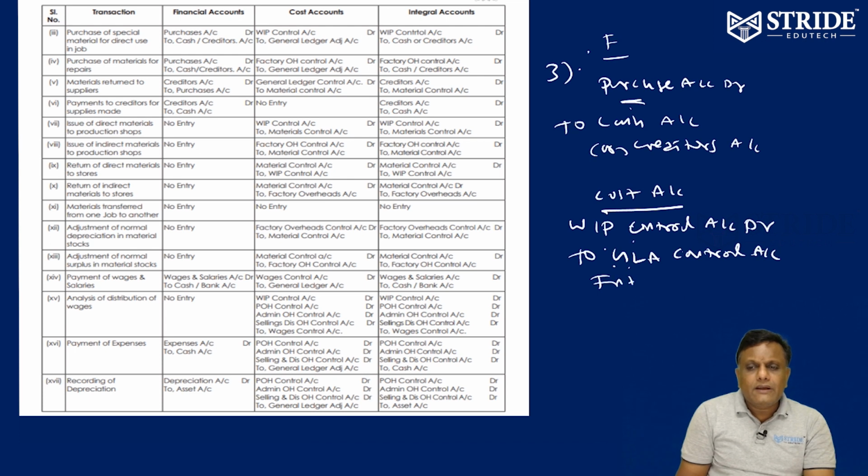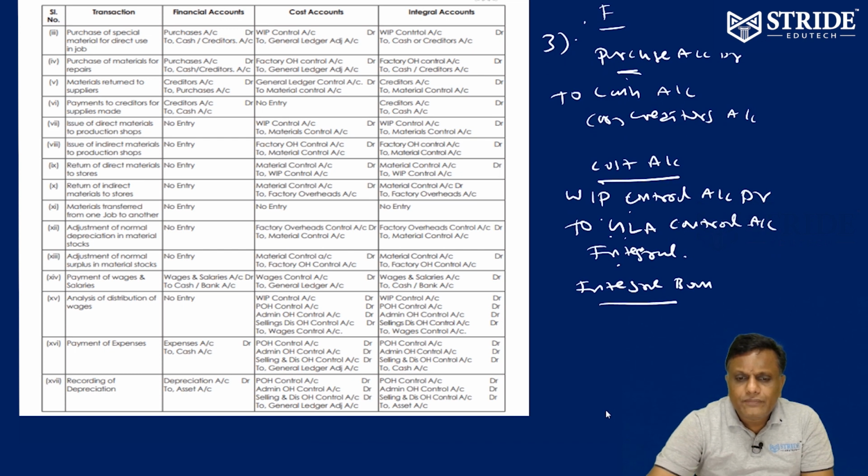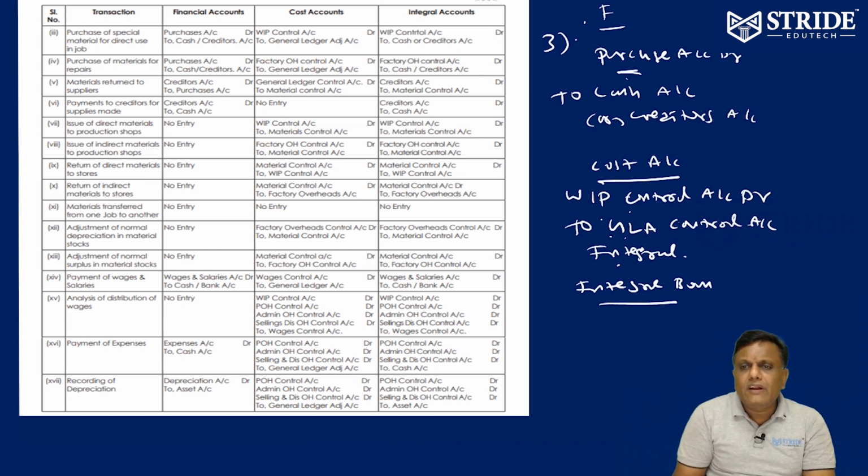Now integral books, which means financial and cost combined. So in integral books, debit WIP control, credit cash.